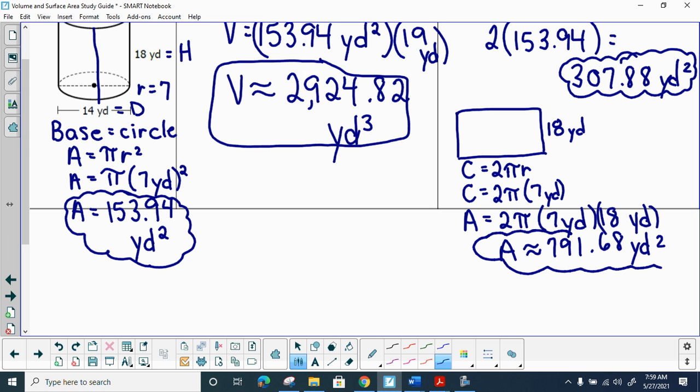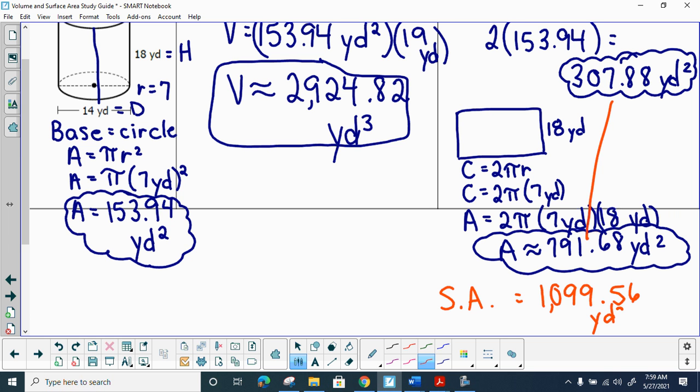That's like the sides of the can. Right, so add that with the area of the circles, and we get a grand total of 1,099.56 square yards.